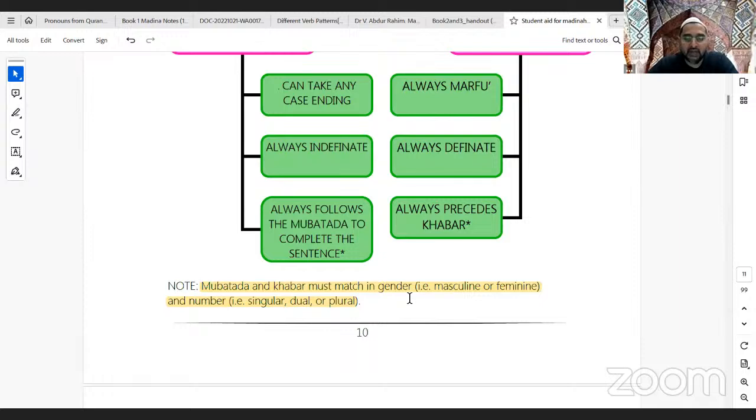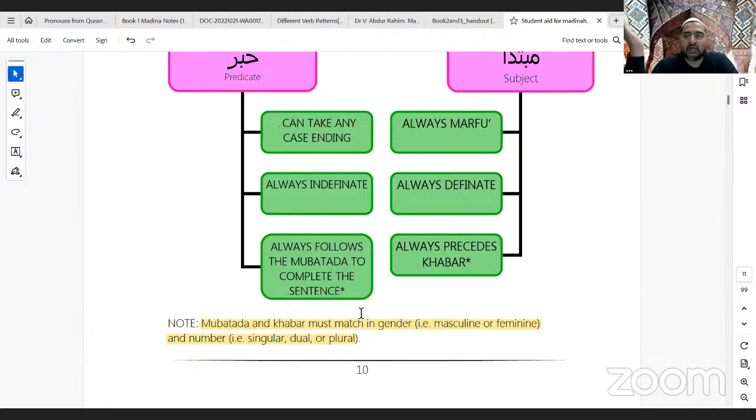Then, for example, the next example, it says singular, dual, and plural. This is quite straightforward. If we said Fatima is knowledgeable, how would you say that in Arabic?